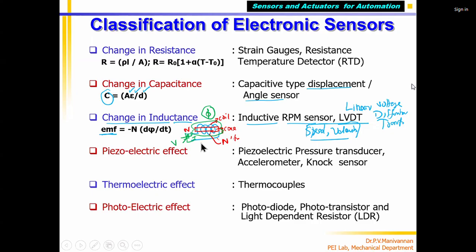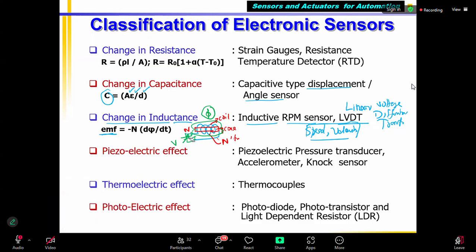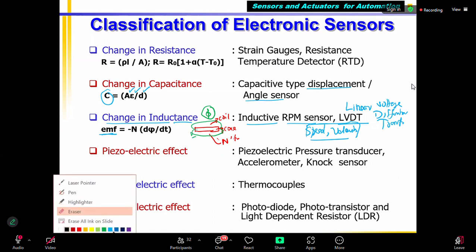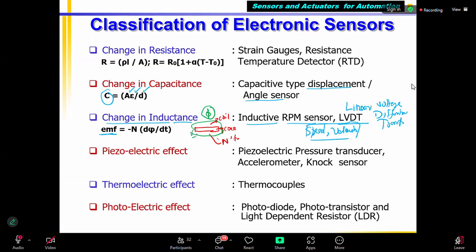That is one thing. Instead of applying voltage, which makes it an electromagnet, in this case I already have a magnet. I don't need an electromagnet. This is the principle governing the generator.